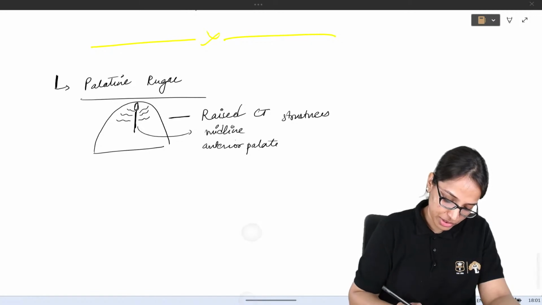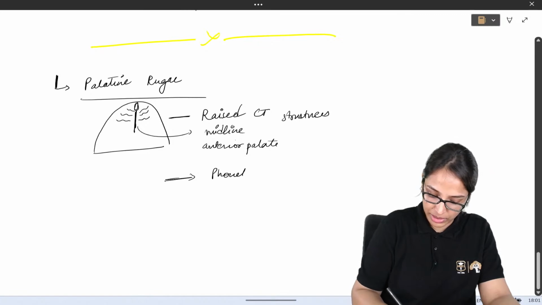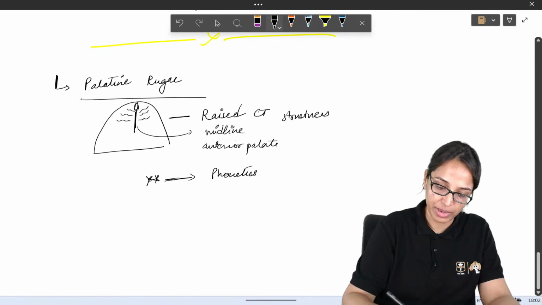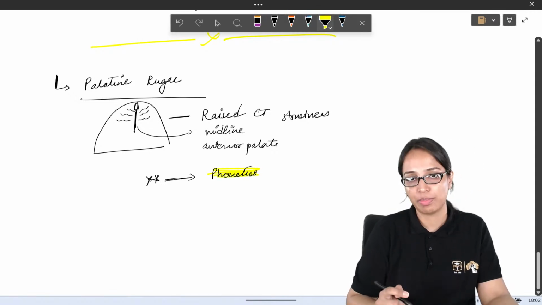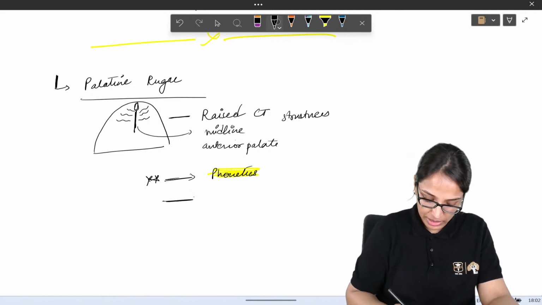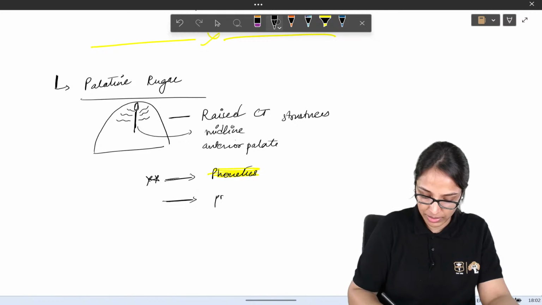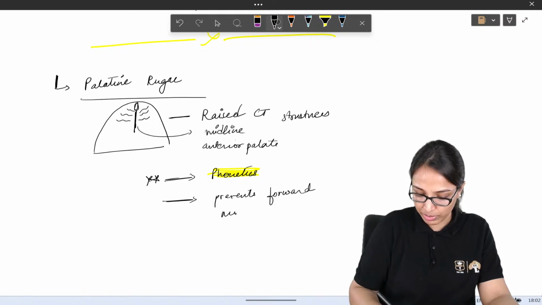The most important function of palatine rugae is what? It helps with phonetics. That is a very important key function of your palatine rugae, that it helps with the phonetic part of your denture. Second is that it prevents, can you take a guess? Forward movement of the denture.